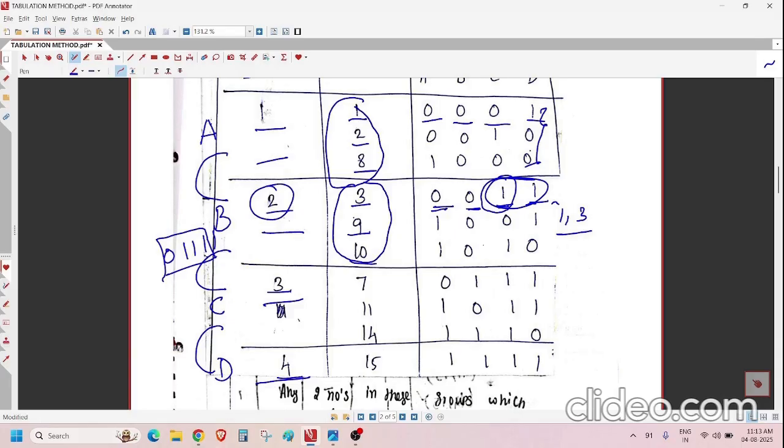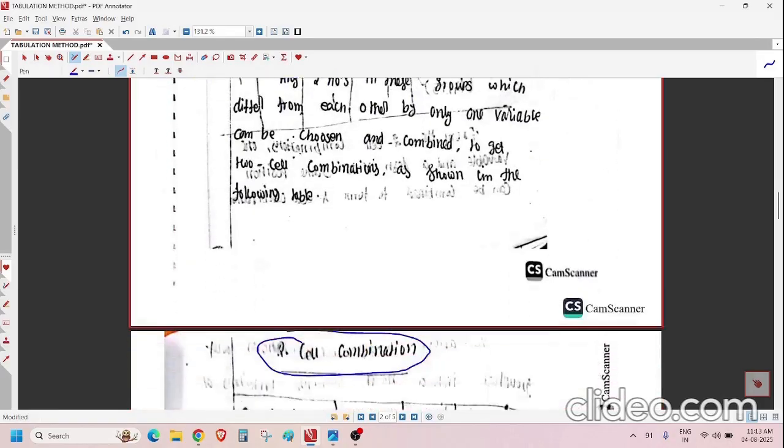We have to compare the A row with the B row, the B row with the C row and the C row with the D row. The condition is, for the comparison, only one input variable must be changed. If more than one input variable is changed, there is no need to take that. Let me show you.